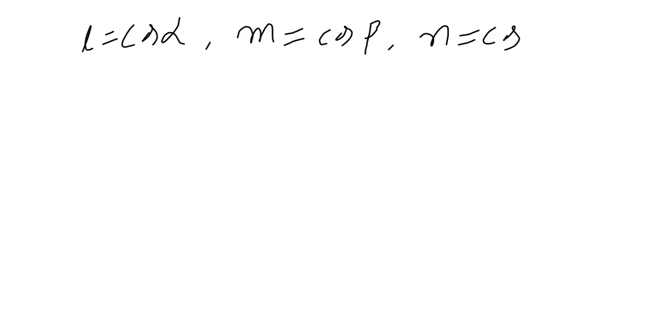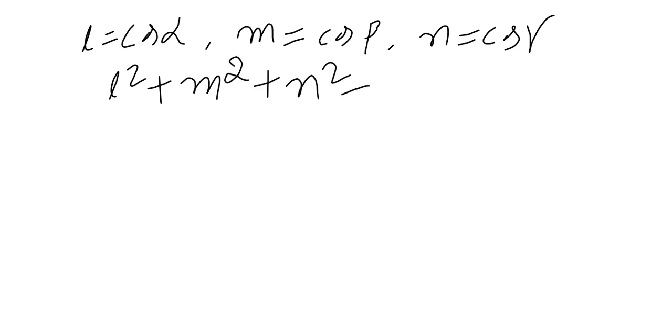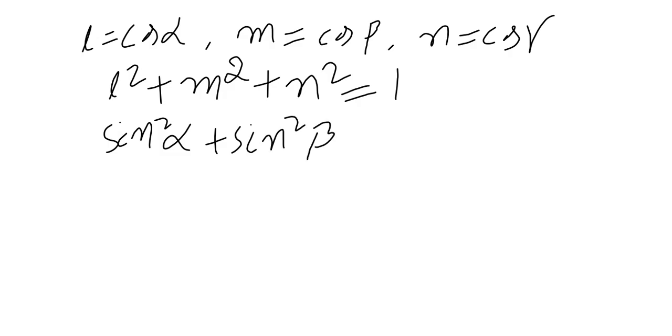Keep like this. L square plus M square plus N square is equal to 1. On simplification we get sin square alpha plus sin square beta plus sin square gamma is equal to 2.